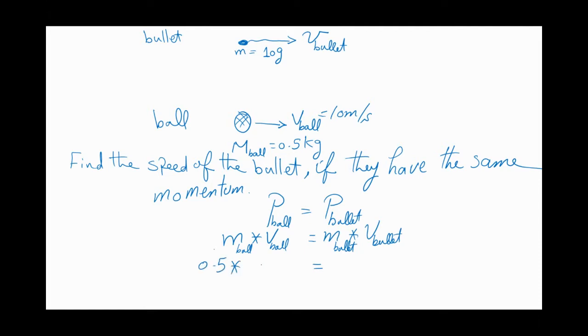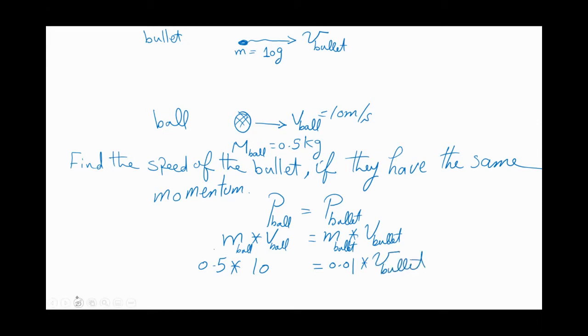The velocity of the ball is 10. The mass of the bullet is 10 grams. You need to convert it into kilogram by dividing it over 1,000. So it will be 0.01 kilogram, times v bullet.